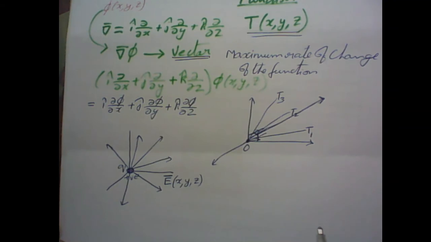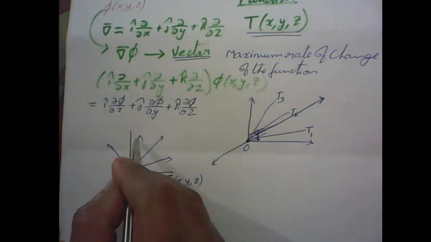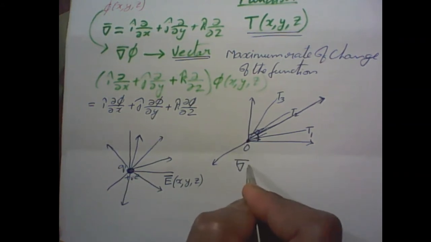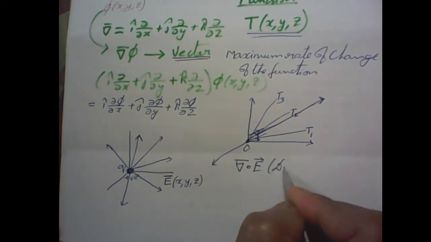How can you measure how much the water is diverging from the tip of the hose? You can measure the divergence of the velocity vector. Here, how much is the electric field diverging out from this point? We can measure the divergence of the electric field.